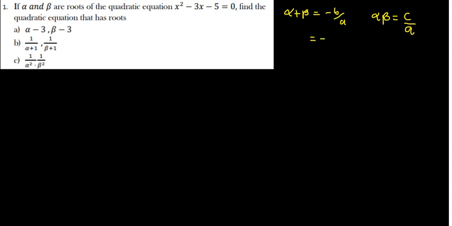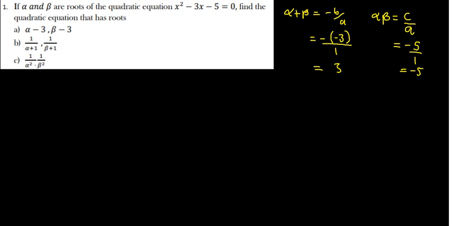So where there is b, we put negative 3, and a is the number in front of x squared, which is 1. So this gives us 3. C is the constant, which is negative 5, and a is 1, and so alpha times beta is going to give us negative 5.